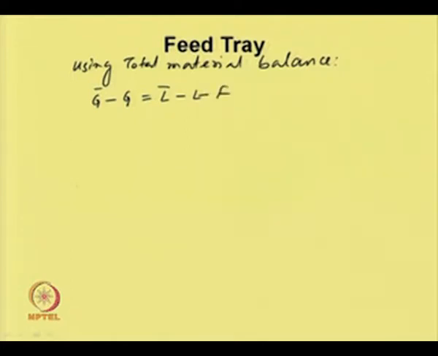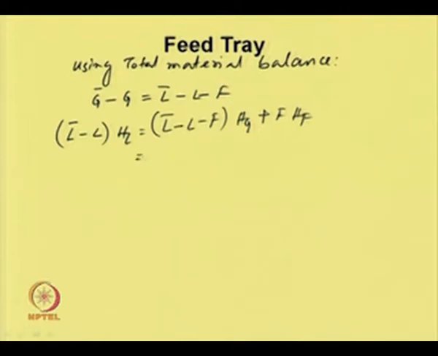So, we use L bar minus L times HL is L bar minus L minus F times HG plus F HF.